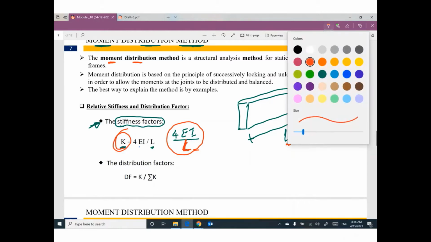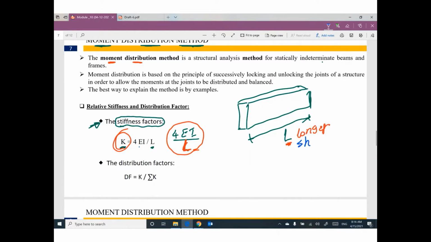If you have a shorter beam, that means smaller L, that means bigger value for K, that means a stronger beam. That makes sense. So the denominator, I would like to make as small as I can.